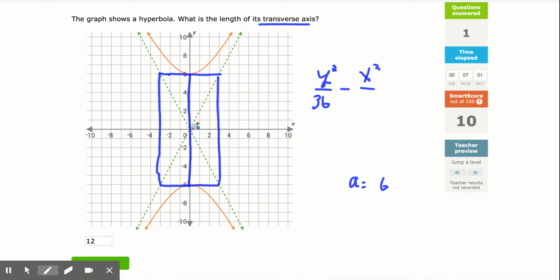And it tells us that the conjugate axis is 6, which means our B value is 3, and underneath the X squared would be a 9, and then that equals 1. But again, the transverse axis was 12.